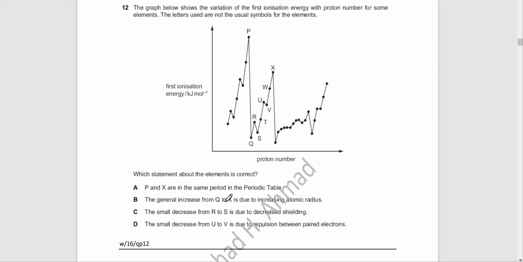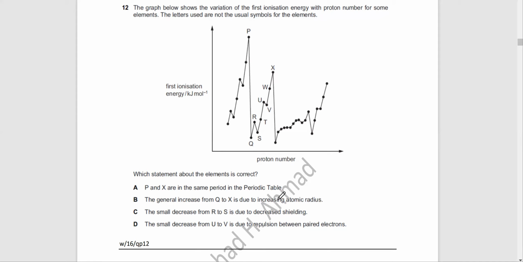The general increase from Q to X is due to increasing atomic radius. Why do ionization energies generally increase across the period? Because there's more protons. That's the number one factor, right?